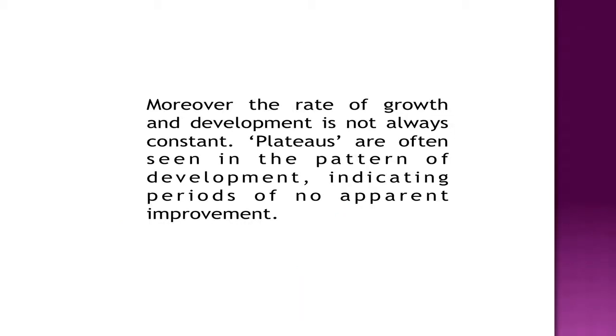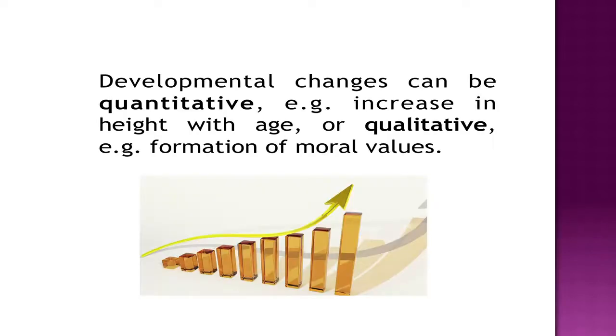Fourth, moreover, the rate of growth and development is not always constant. Plateaus are often seen in the pattern of development, indicating periods of no apparent improvement. Fifth, developmental changes can be quantitative, for example, increase in height with age, or qualitative, for example, formation of moral values.